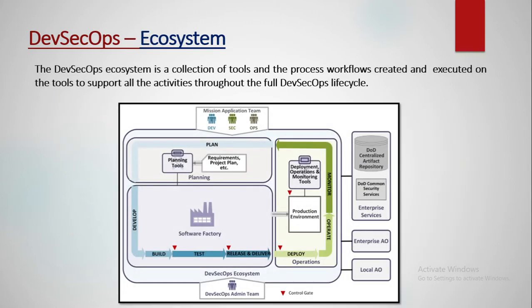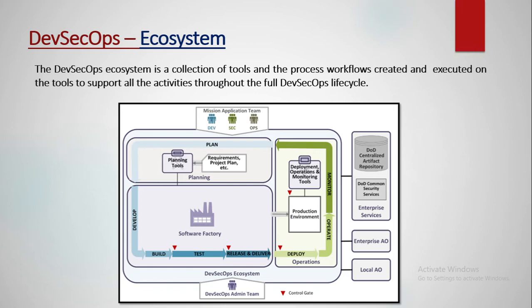Okay, the DevSecOps ecosystem is a set of process workflows and tools that are created and executed to support all the activities over the DevSecOps lifecycle. The DevSecOps ecosystem consists of three subsystems: software factory, planning section, and production operation.